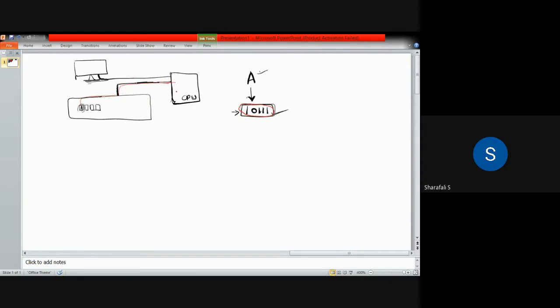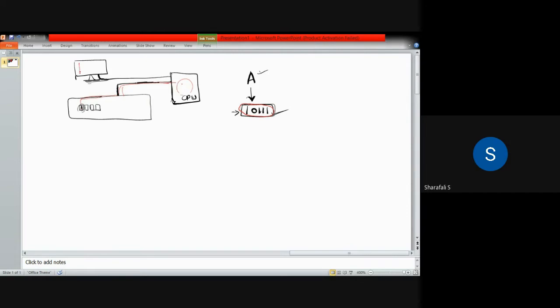In this CPU, there is a setup that we will study in this module itself, with the microprocessor and how it deals with this kind of instruction. Inside this CPU there are many operations with the ALU, registers and all those things, and we have different address locations. So when you press this A, this signal is sent to the CPU.